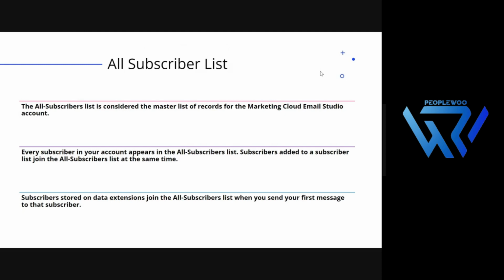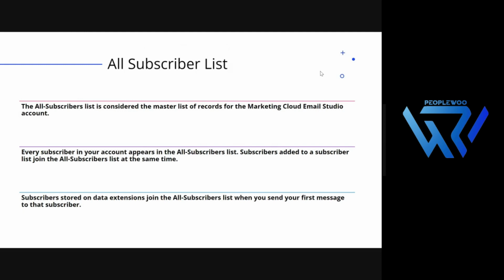Whatever data is in a list will by default be part of all subscribers list, but the data extension records do not automatically flow to all subscribers list, because by default the system treats data extension as behavioral data, not your subscriber data.